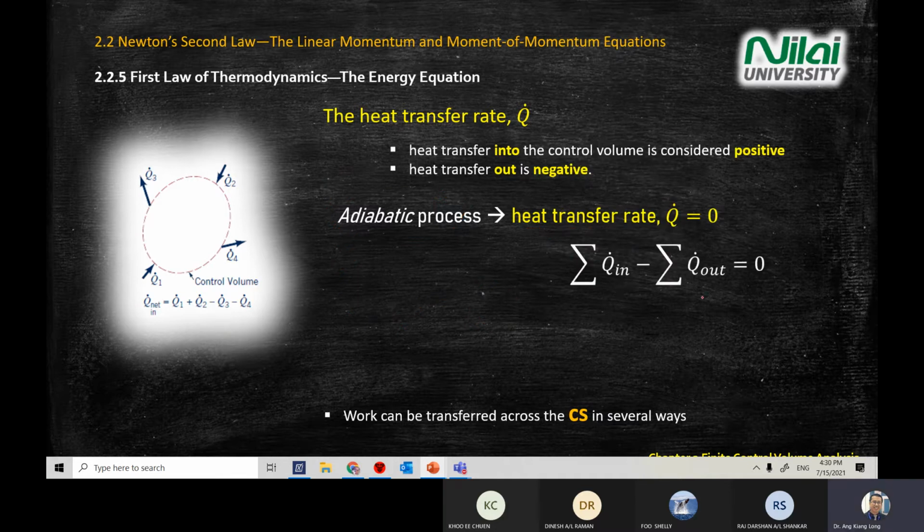So this is one of the mathematical equations that you can use. What about the work? The work transfer rate, W dot, the work W. If you see W dot, the rate of work, you take the work divided by time, and it becomes power. The mathematical notation for this chapter is a capital W with a dot above it.